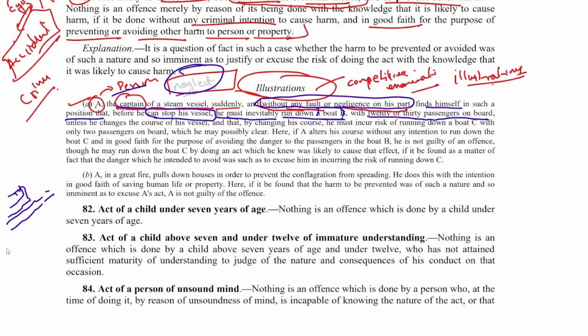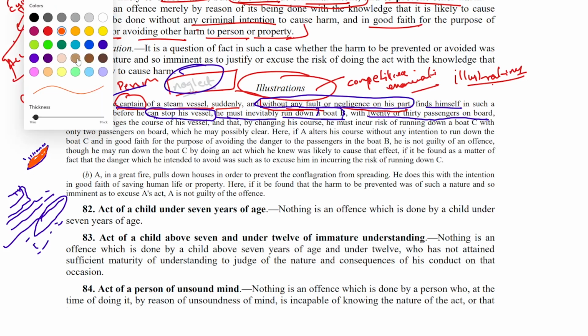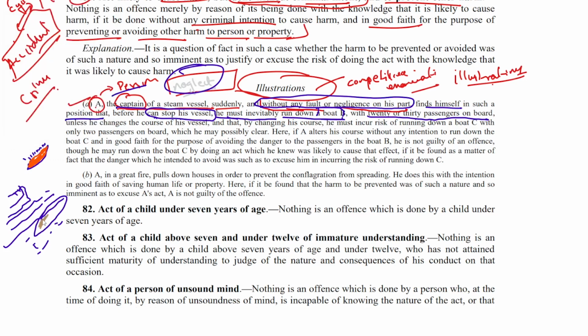So this is a ship, and on one side there is a boat in which there are around 20 passengers, and here is another boat, and there are only 2 passengers in this.